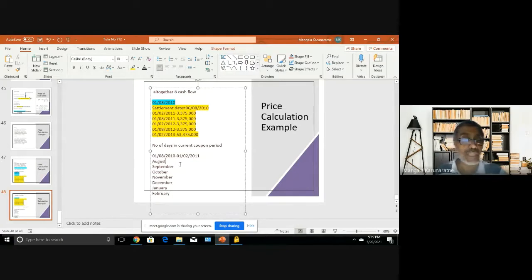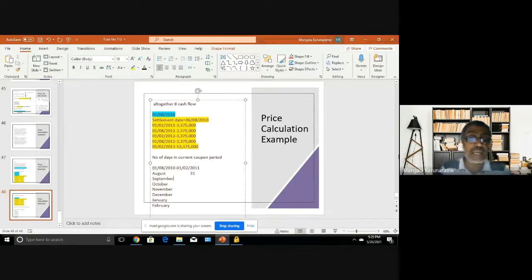August, how many days? Now, 1st to 31st August, so starting, 31 days, right? Because this bond starts accruing interest on 1st of August, right? September, you get 30 days.